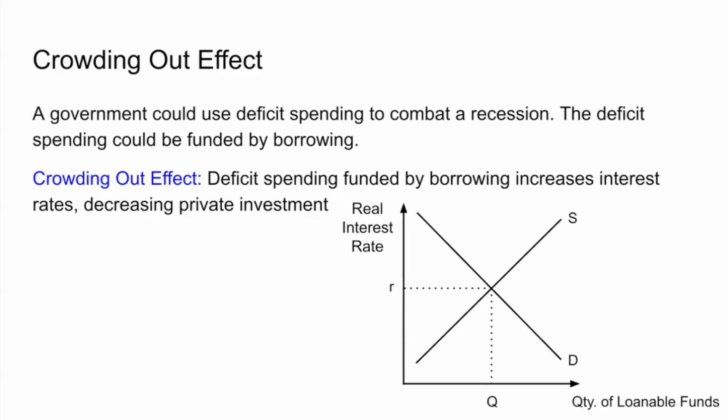So this goes back to the loanable funds graph. If the demand for loanable funds increases because the government wants to borrow in order to do deficit spending, that would increase the real interest rate, and that would decrease private investment. So expansionary fiscal policy that is funded by borrowing could have an adverse effect, which is contractionary.